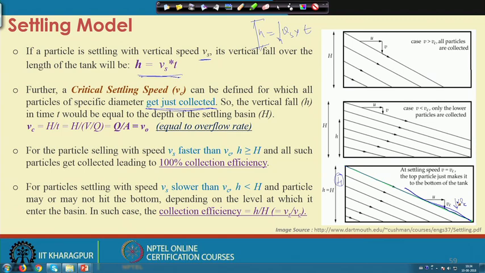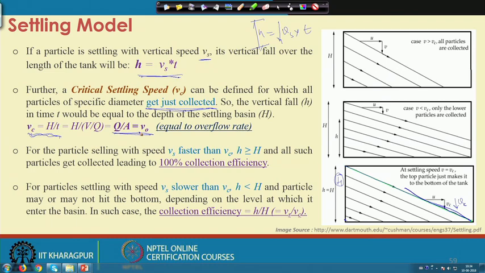If it is just collected, anything lower than this will obviously be collected, and higher than this may not be collected, and that is why we call it just collected. So, your critical settling velocity in that case is going to be the depth of the tank, capital H, divided by T, or in the same way equal to Q by A, or V0. So, this is equal to the overflow rate.